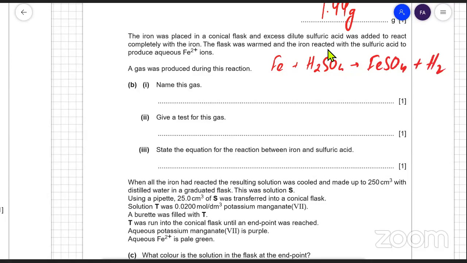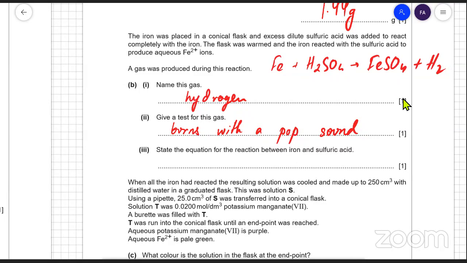Now, name the gas. It's hydrogen gas. Give a test for this gas. It burns with a pop sound.